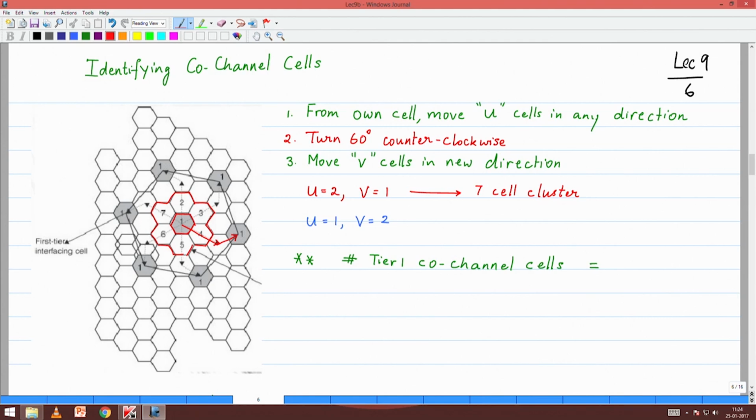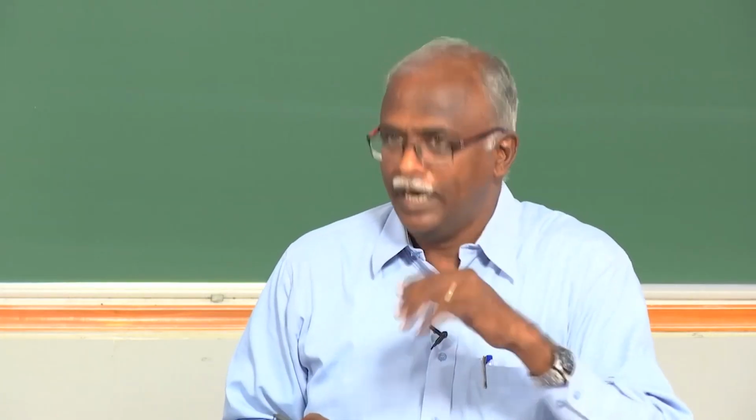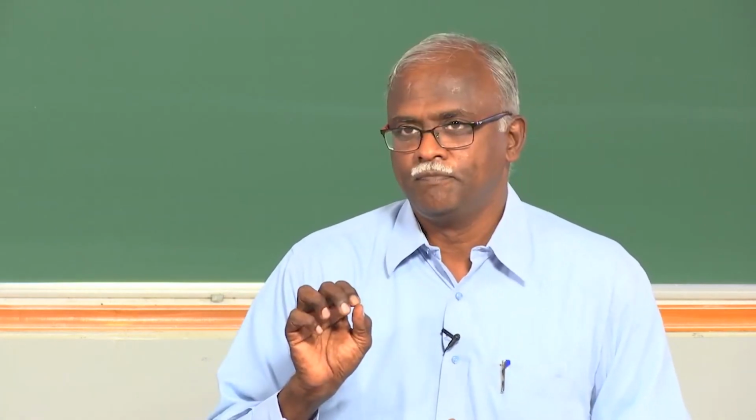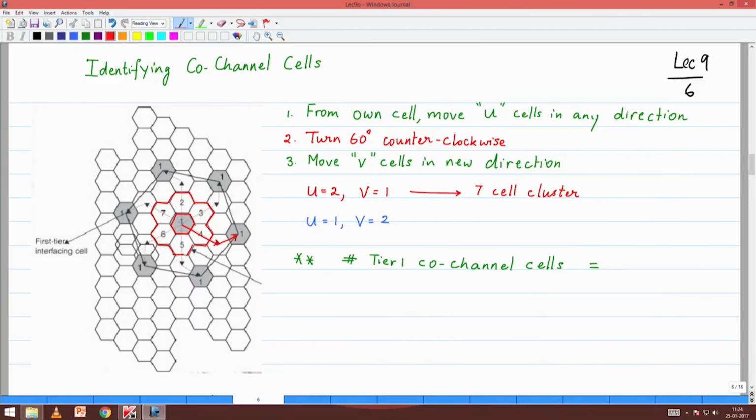Okay, now how to identify the location of the clusters that will come around the basic cluster? Which means first find the center of the cluster, position that, and then place the cluster around it. So, here is a very simple algorithm from the hexagonal symmetry understanding, which says that if you want to identify co-channel cells, what you need to do is move along the coordinate system some integer number of locations.